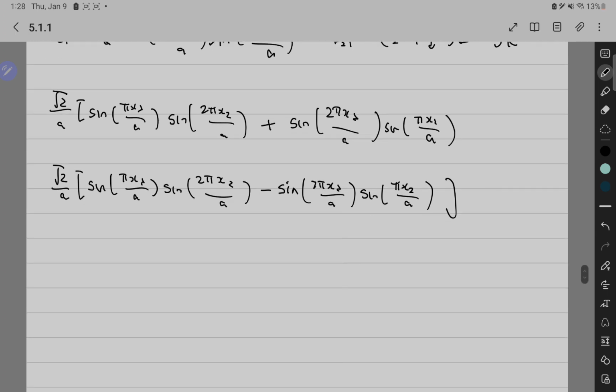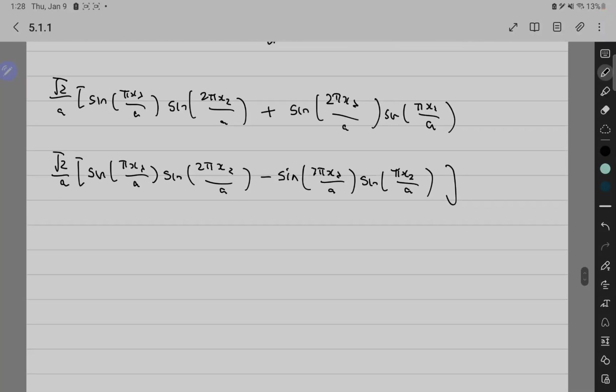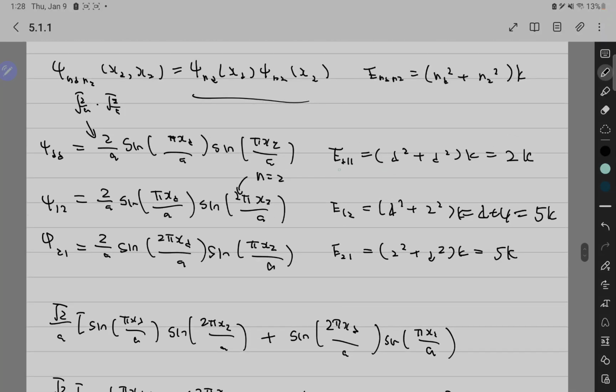So that impacts our energy, because we have to look at 3 different scenarios, one of them being 1, 1, when you have both particles in state 1, where the total energy is going to be 2k. But because of the Pauli exclusion principle, for fermions, two identical particles can never be in the same state.